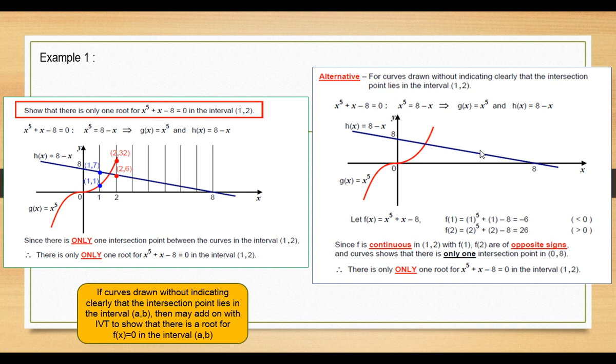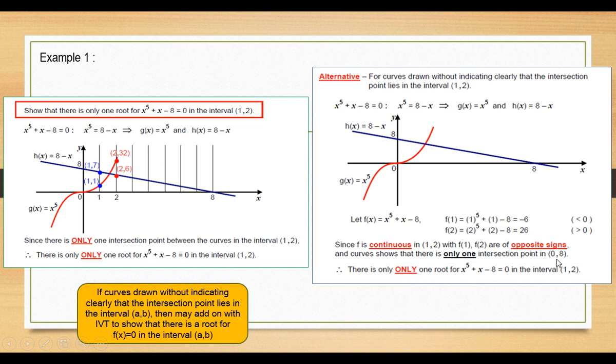Okay, so we substitute 1 and 2 into f(x). Then you make the conclusion. Since f is continuous in [1, 2] with f(1) and f(2) of opposite signs, or f(1)·f(2) less than 0, and the curves show that there is only one intersection point in 0 to 8.